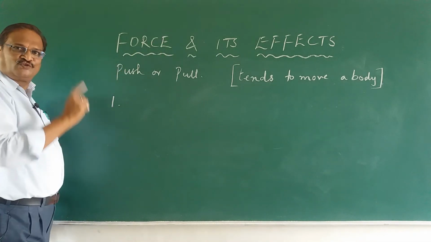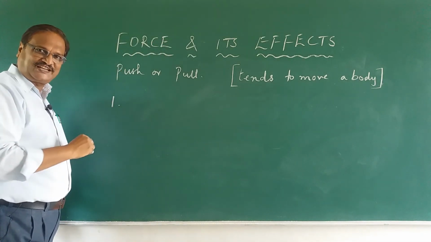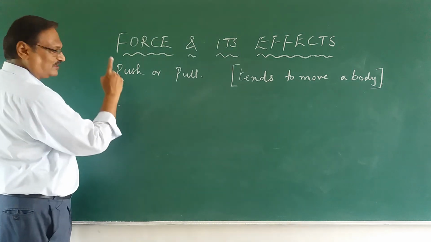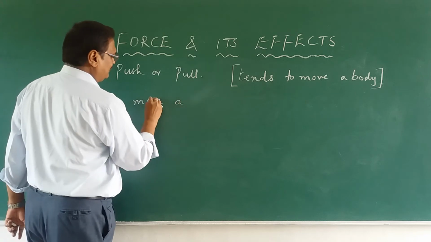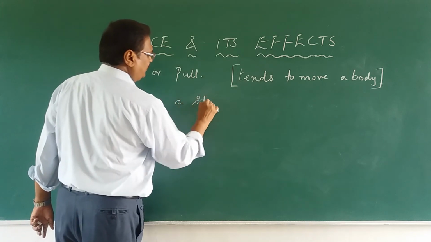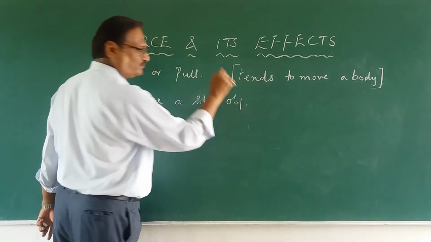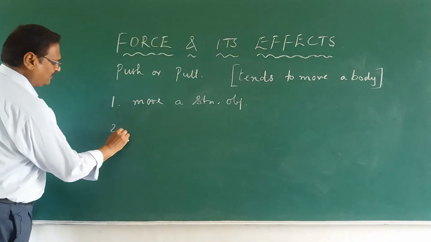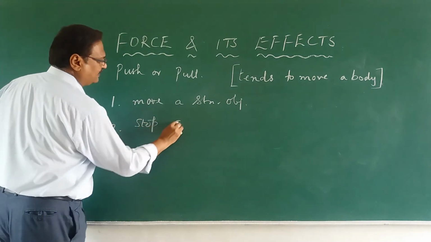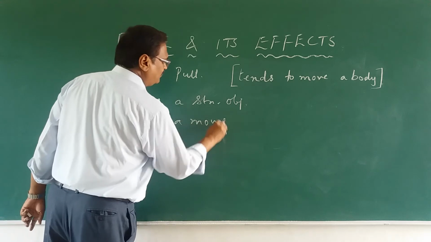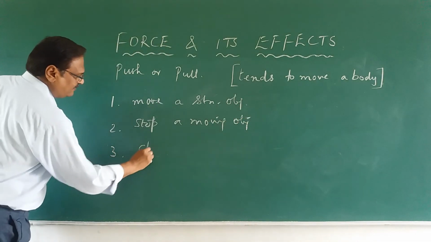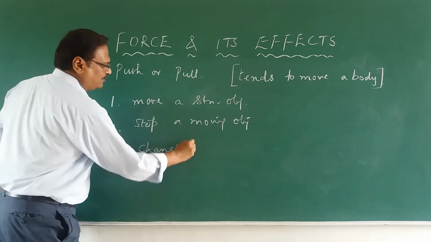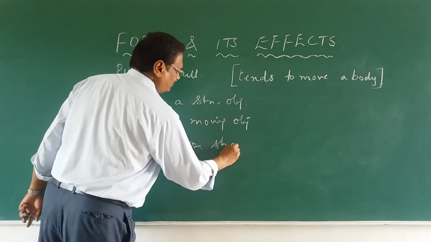First, the effects of force. What can force do? The force can move a stationary object. That is the first point. Two, it can stop a moving object. Three, it can change the shape of the object.